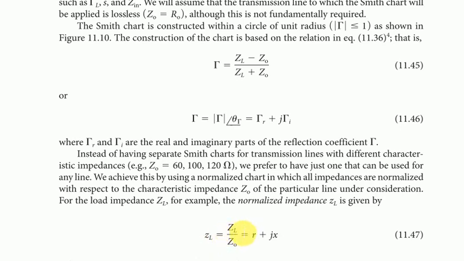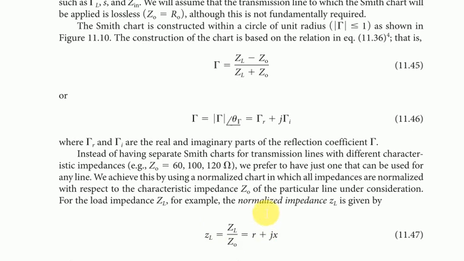Whenever you divide load impedance capital ZL by the characteristic impedance of your transmission line, whatever result you get is the normalized load impedance small zL. Here I am assuming it is a complex quantity, so it can be represented by some real part r plus j times some imaginary part x.